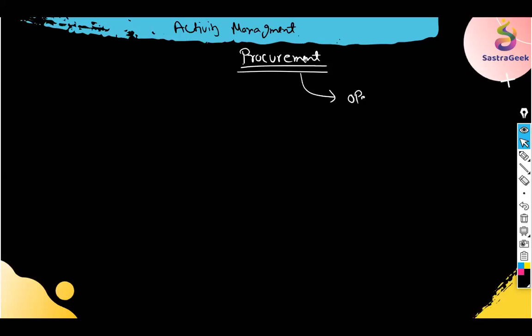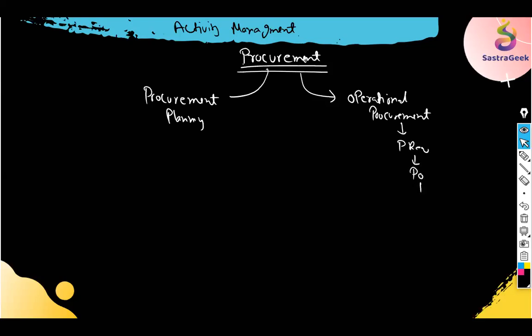The operational procurement wing takes care of getting your purchase requisition generated, then the purchase order, and then following up that the goods receipt and invoicing have been done.